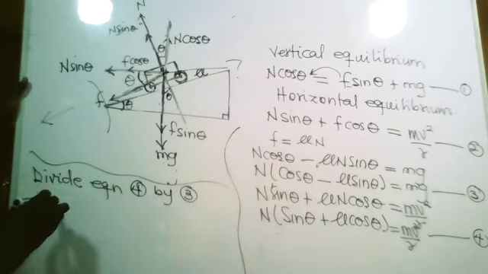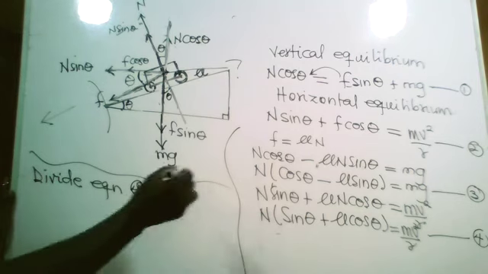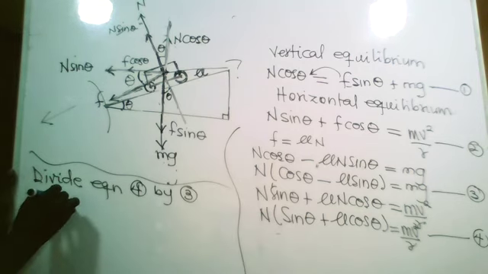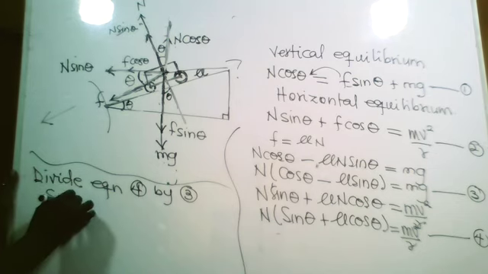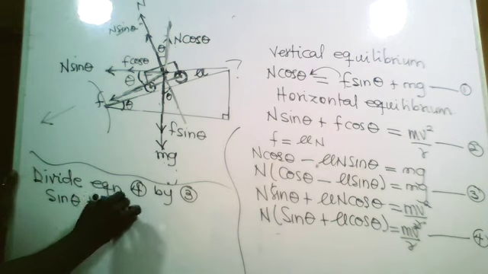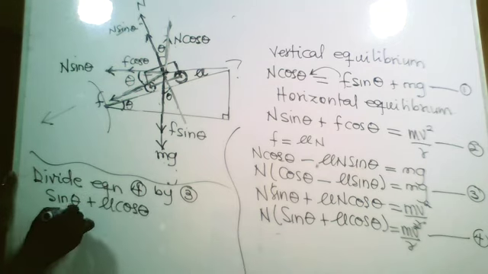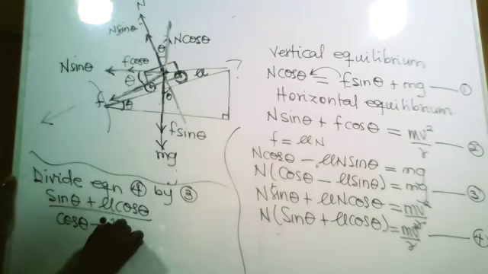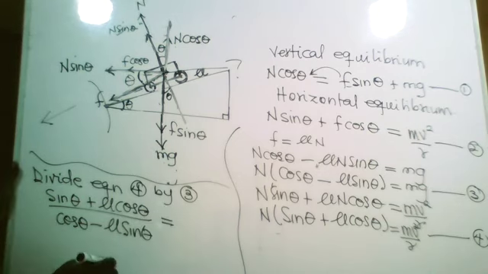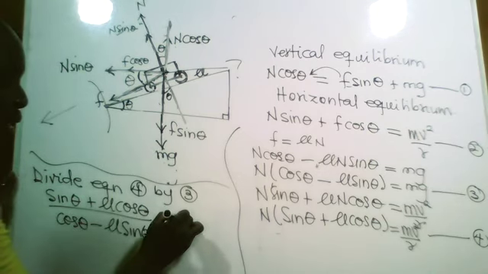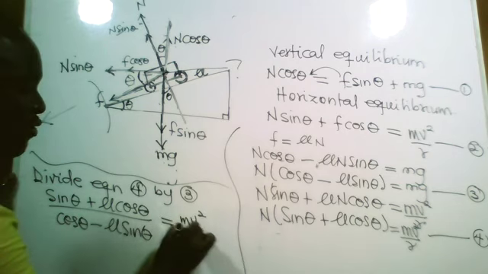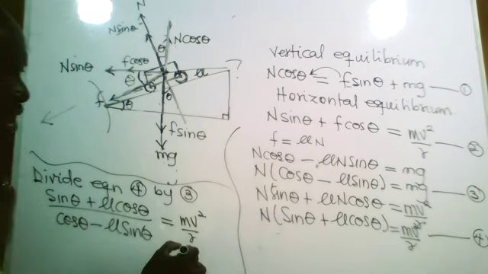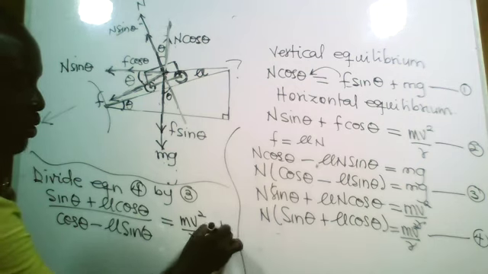Okay, so the N will cancel out when we divide. So we have sin theta plus mu cos theta over cos theta minus mu sin theta, which is equal to mv squared over r divided by equation 3, so times 1 over mg.